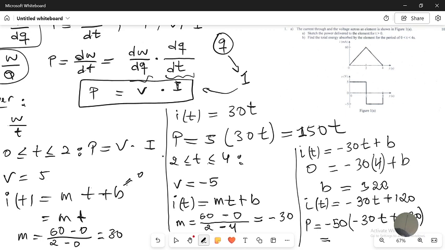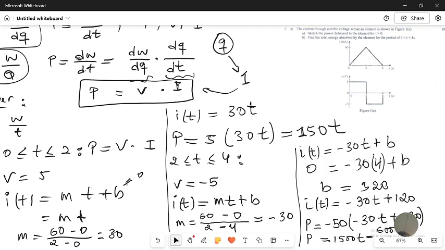If I multiply, it gives me 150t minus 600. That's the value of p.